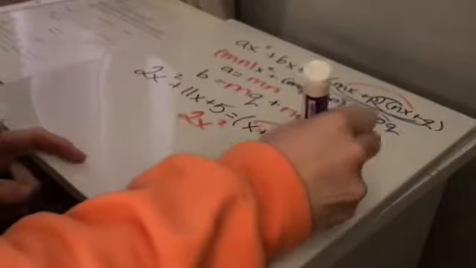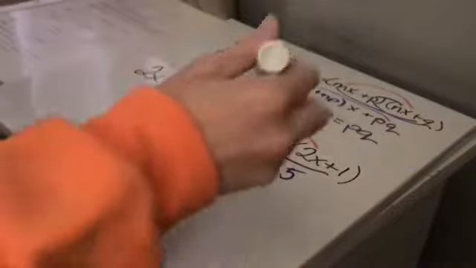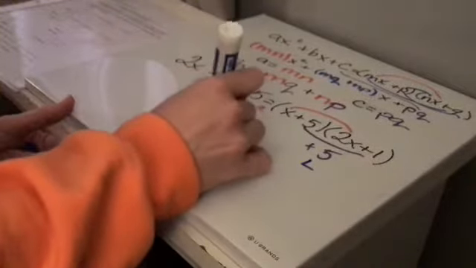So 5 times 1, which is 5, okay? And then for b, when you look at FOIL, this is first and last. It's your outer two terms plus your inner two terms to give you b. So the outer two would be x times 1, right?